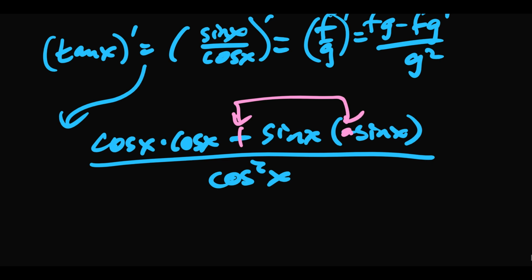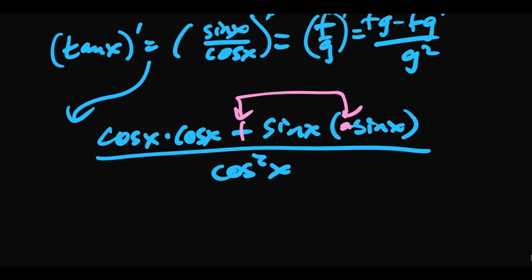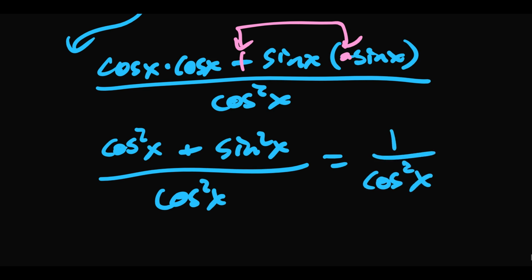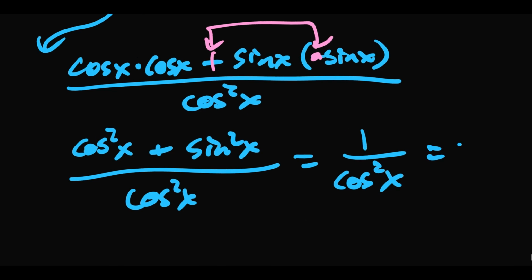And so you have cosine squared of x plus sine squared of x over cosine squared of x. The numerator is 1, since cosine squared plus sine squared is 1, and this is over cosine squared of x. And so you get secant squared of x.